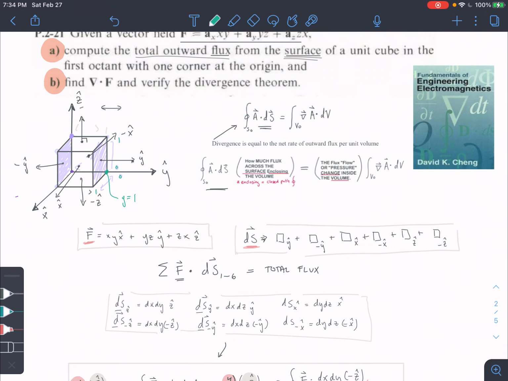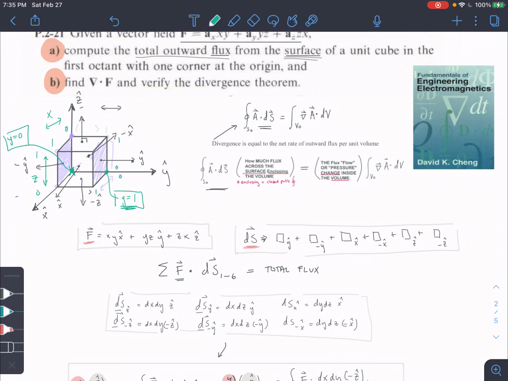So for negative y, we're going from 0 to 1 in the x, and then in our y, 0 to 1, and 0 to 1 in the z direction. And then what is the value of our y in this plane? Well, in this plane, our y equals 0, right? Here, our y was equal to 1. Here, our y is equal to 0.